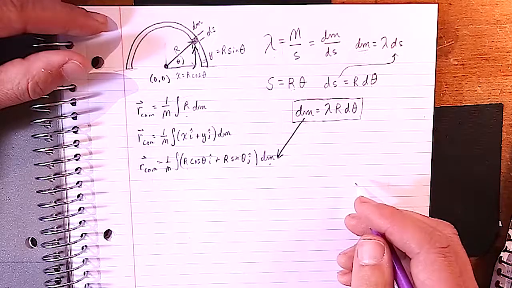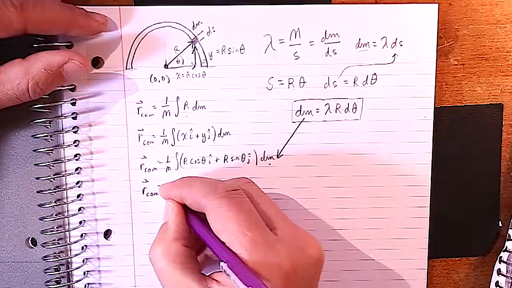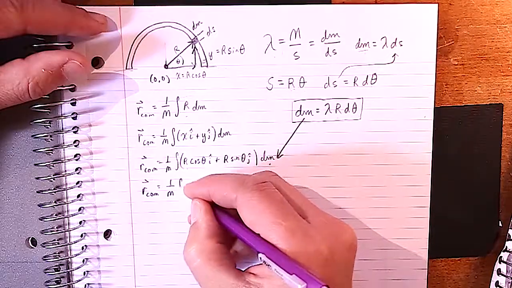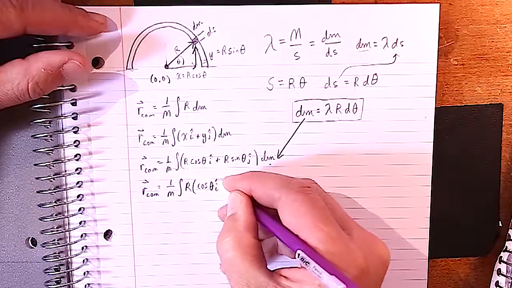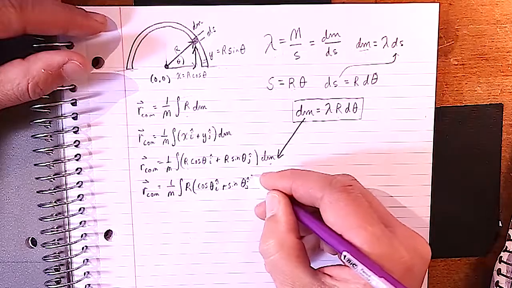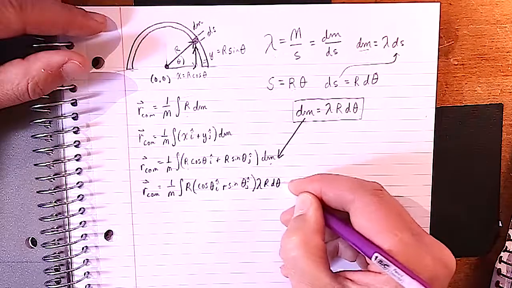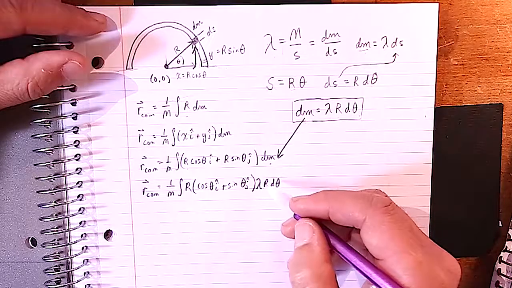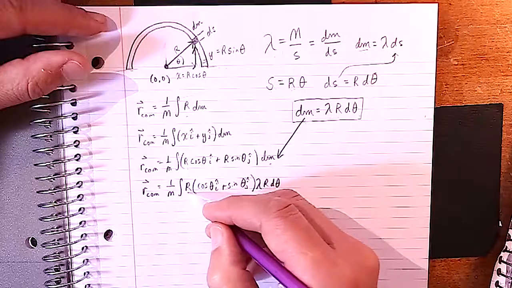So what is that going to give us? Well, that's going to give us r com is equal to 1 over m integral r cos theta i hat plus sine theta j hat, and that's going to be lambda r d theta. That was our substitution. Now we know that this is a constant, this is a constant, and this is a constant.